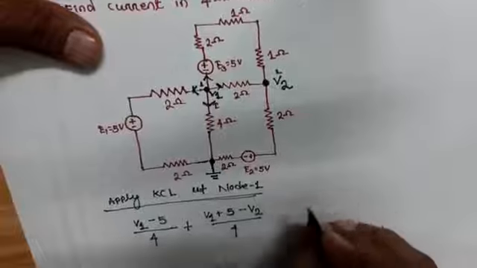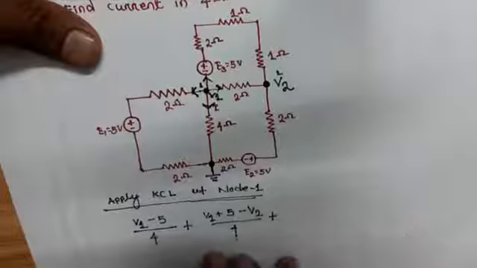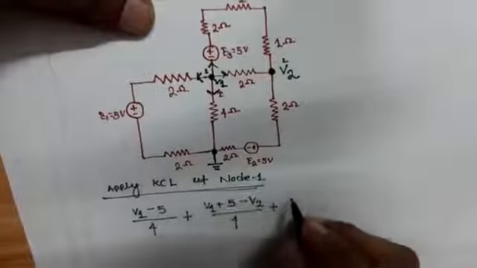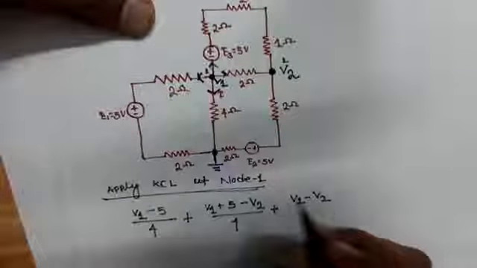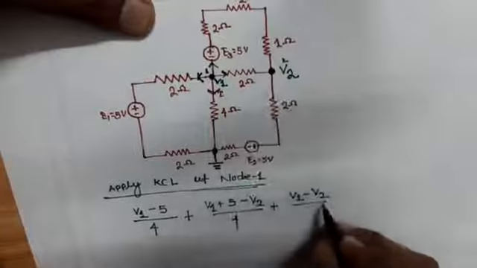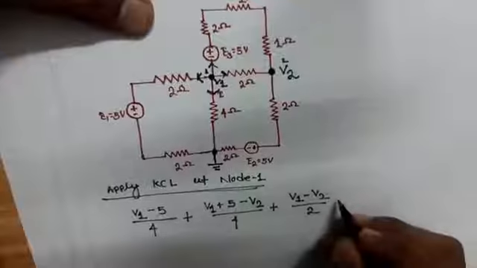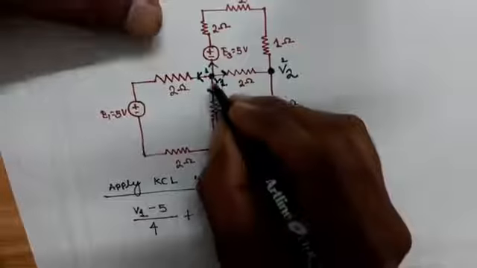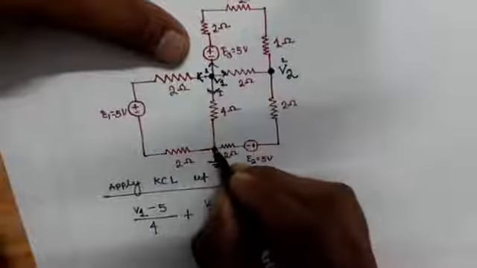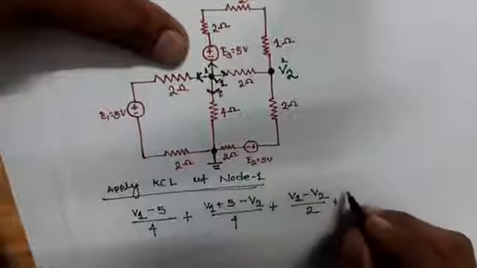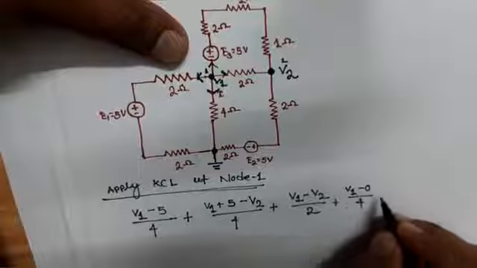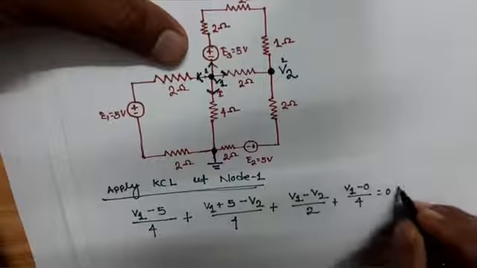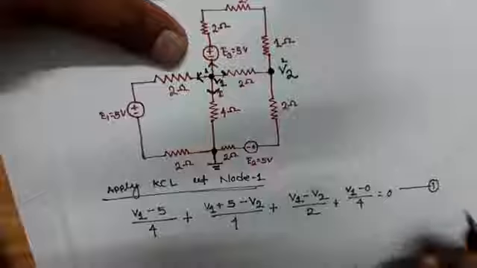Then plus this path: (V1 minus V2) divided by 2. Then plus (V1 minus 0) divided by 4, since this is the reference node, equal to 0. This is our first equation.